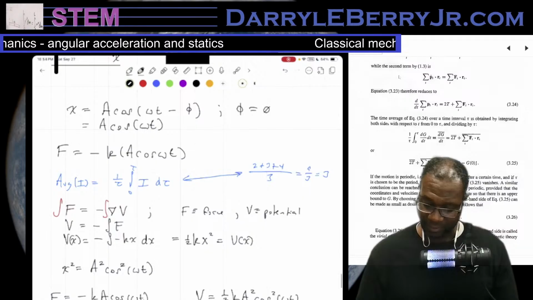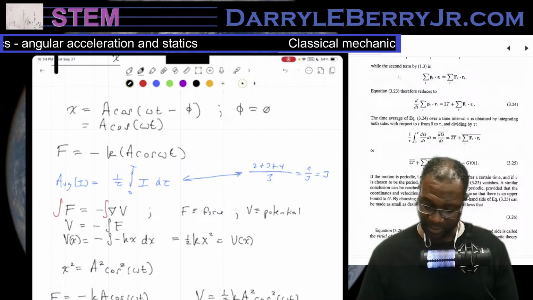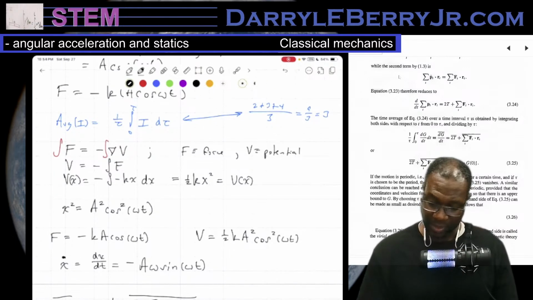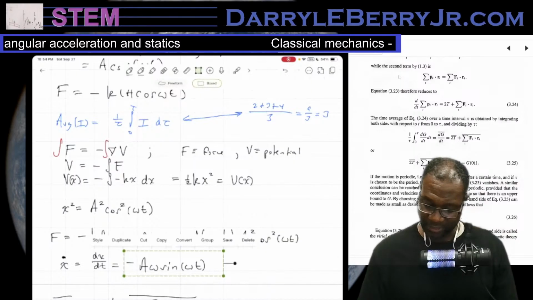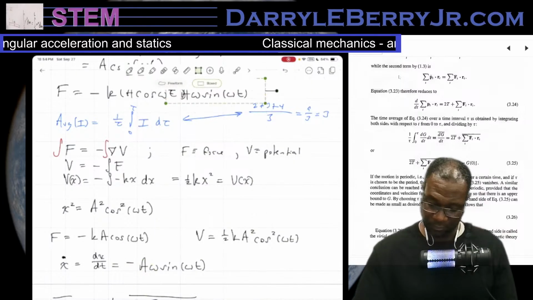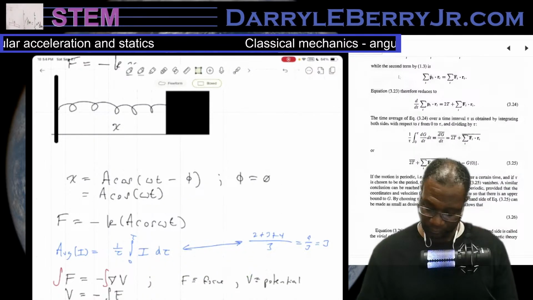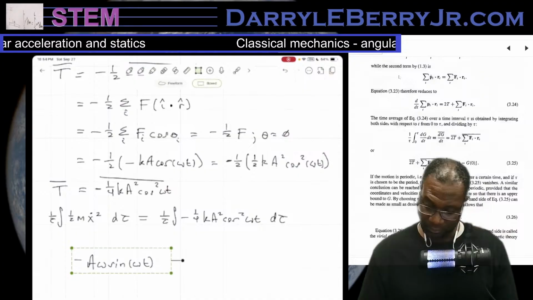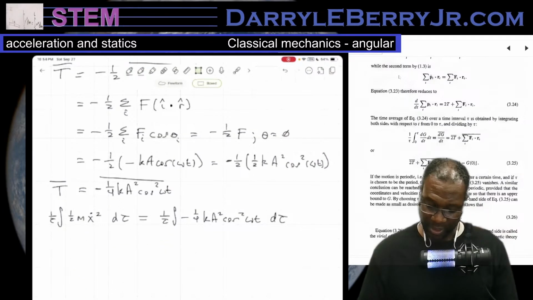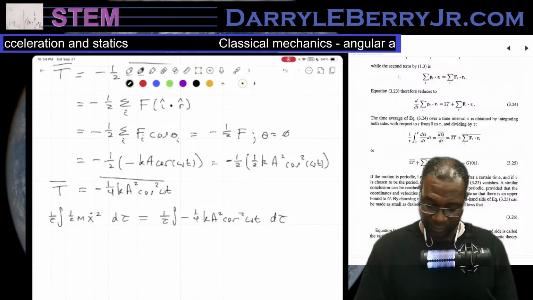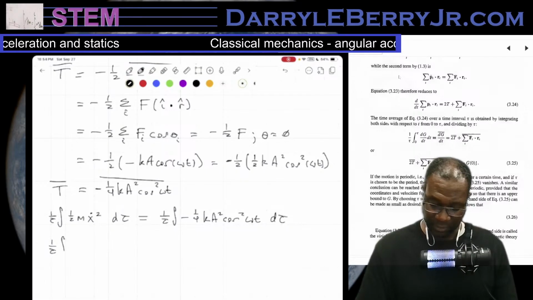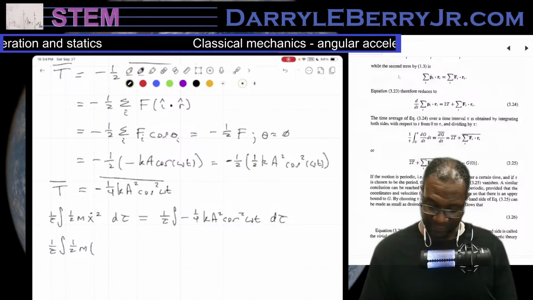So what we have now is negative a omega sine omega t. So I'll go ahead and write this down for x dot. And if you need a refresher on derivatives, let me know. Make sure I didn't miss anything. And I'll add one more step here as well. We have 1 over tau integral 1/2 m, oh crap, and I have to square it too.